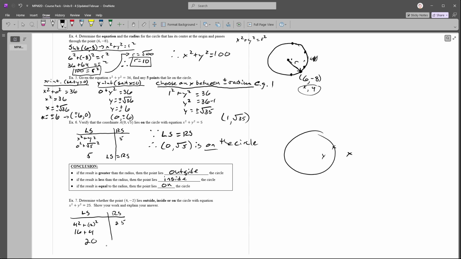Now 20 is less than 25. So we can say the left side is less than the right side. Since the left side is less than the right side, we know that it is inside the circle. Therefore, our point, 4, -2, lies inside the circle.